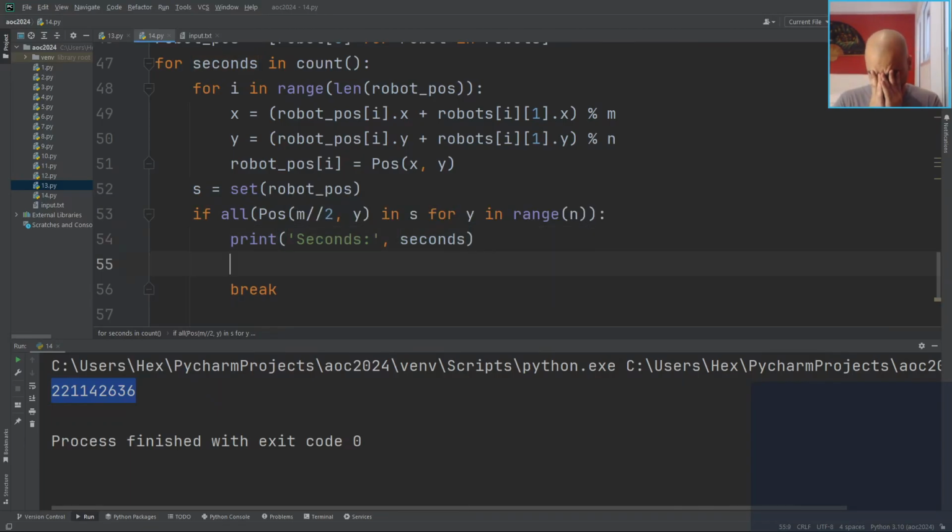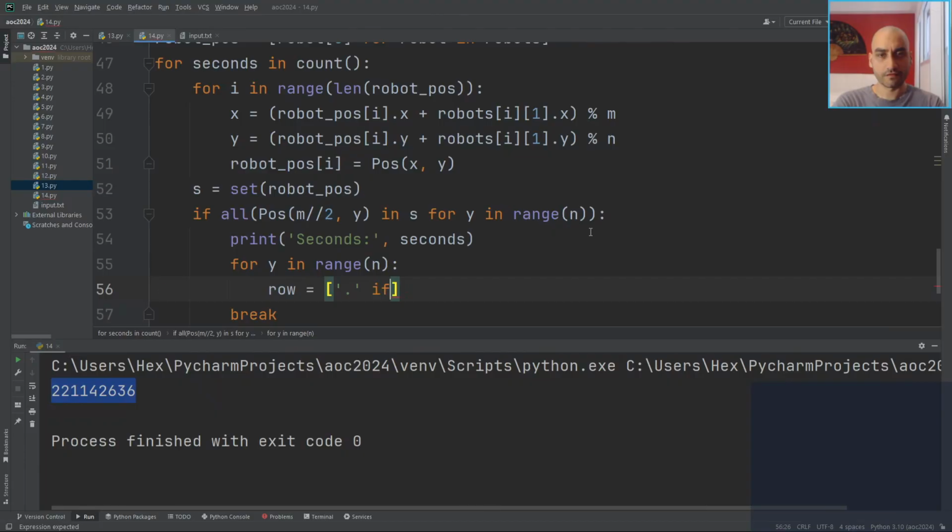And now we want to just display, for y in range n, row equals, so it's going to be dot if pos y in S, else if we want the tree, what are we going to do?